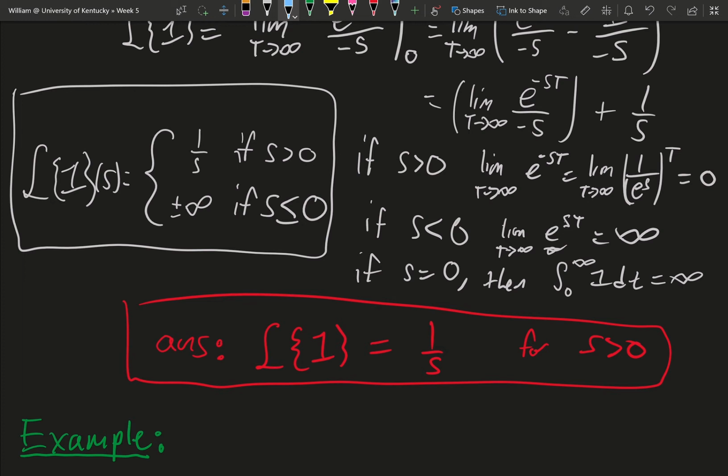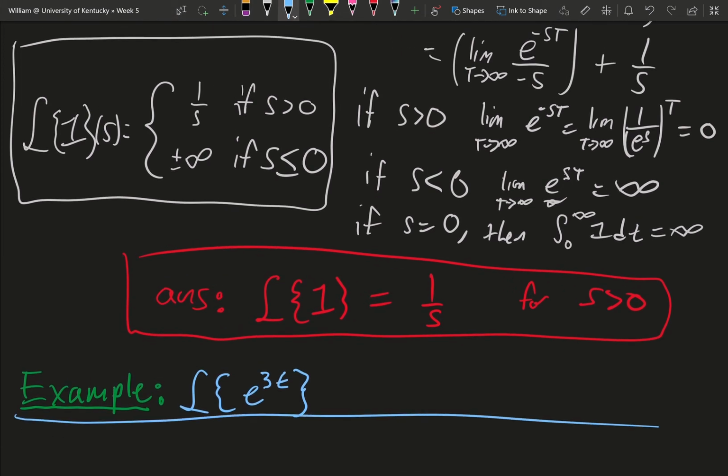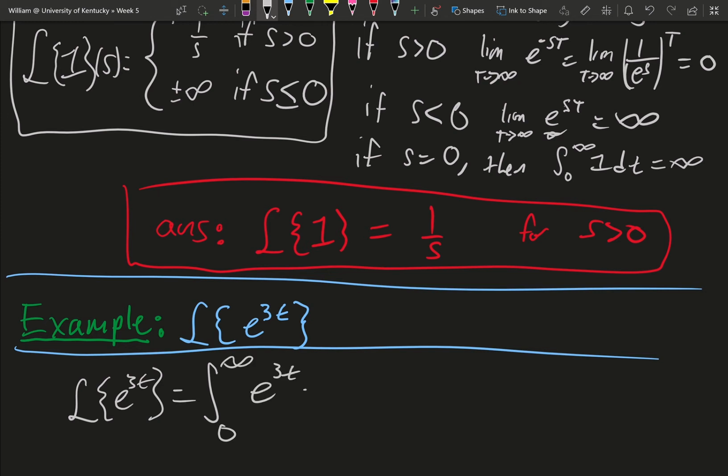So let's look at another pretty simple example. Let's look at what happens if we plug in an exponential function, e to the 3t. So the integral from 0 to infinity of e to the 3t times e to the negative st dt.